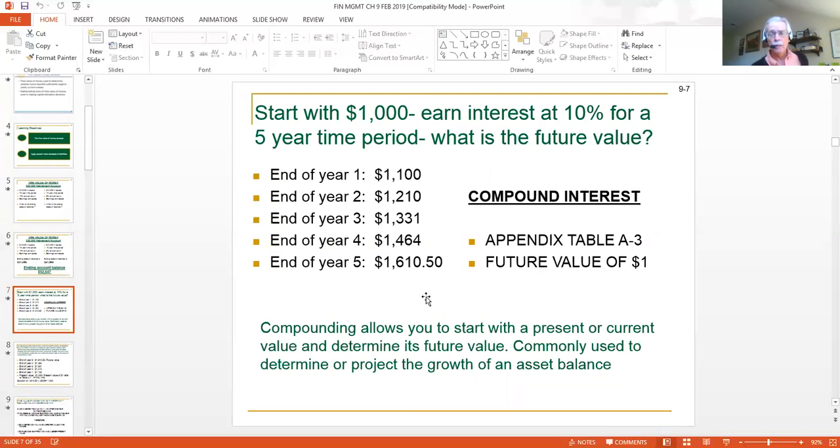That's our compounding at 0.10, or the rate at 0.10, for the number of periods being 5. Then we would end up at the end of year 5 at $1,610.50. The detail shown here, the end of 1 year, end of 2 years, end of 3 years, end of 4, shows you the compounding that occurs in the formulas driven and embedded in the Excel program.